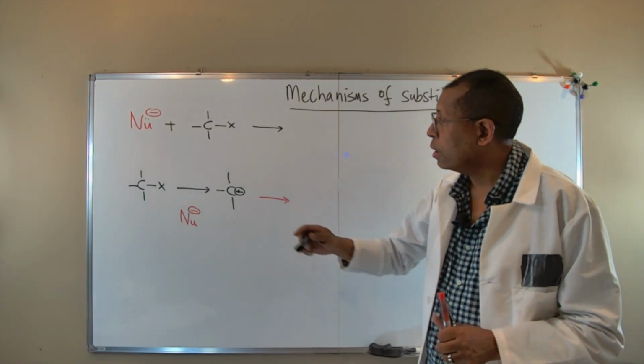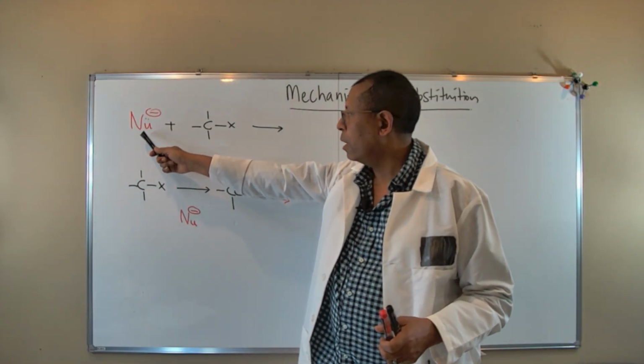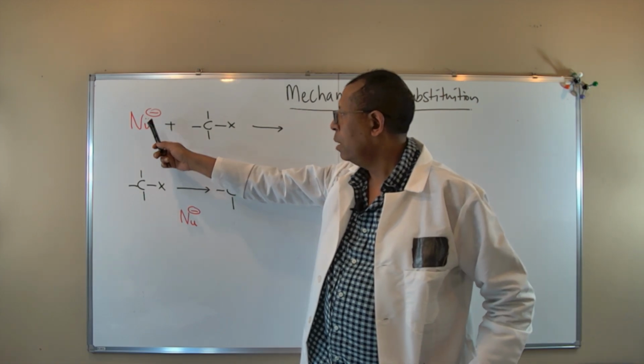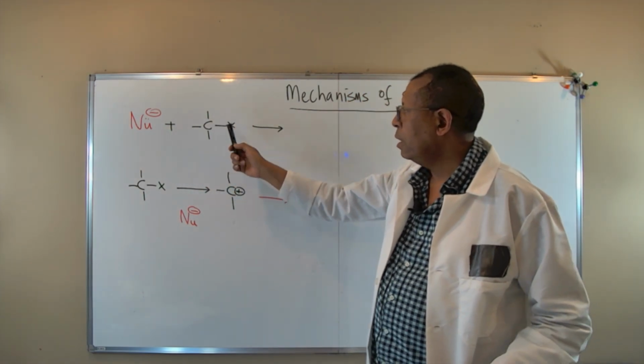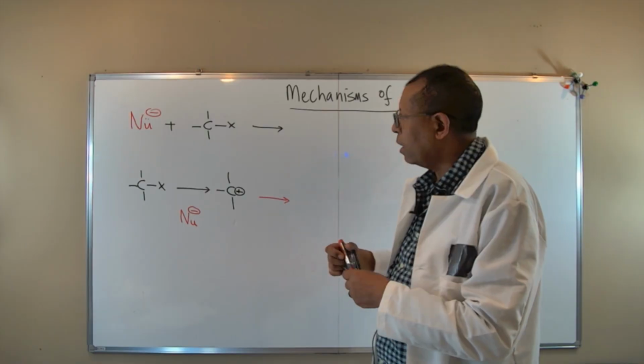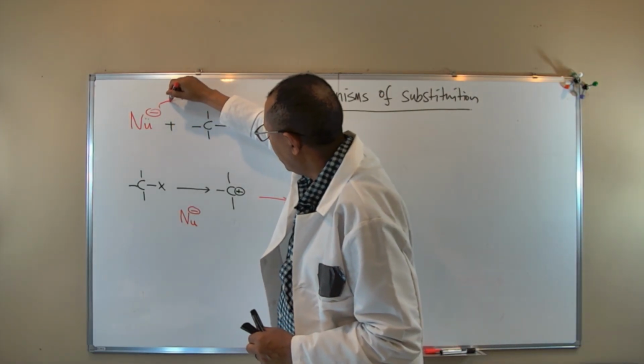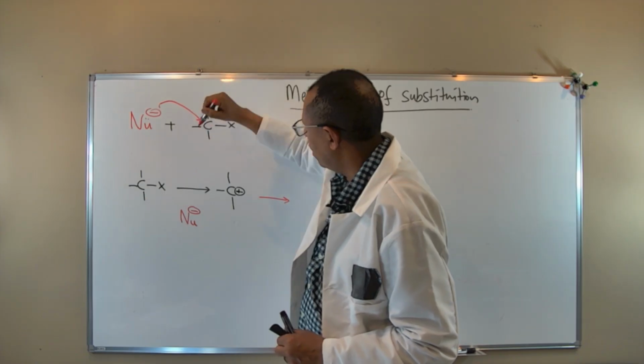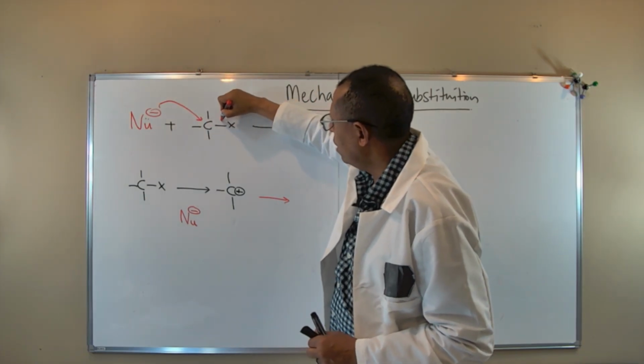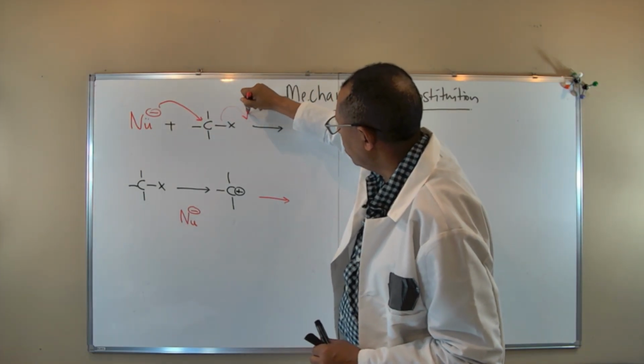So here you see you have a nucleophile, that's case 1. You have an alkyl halide. If the nucleophile comes in with a pair of electrons and attacks this carbon, obviously the leaving group has to leave.